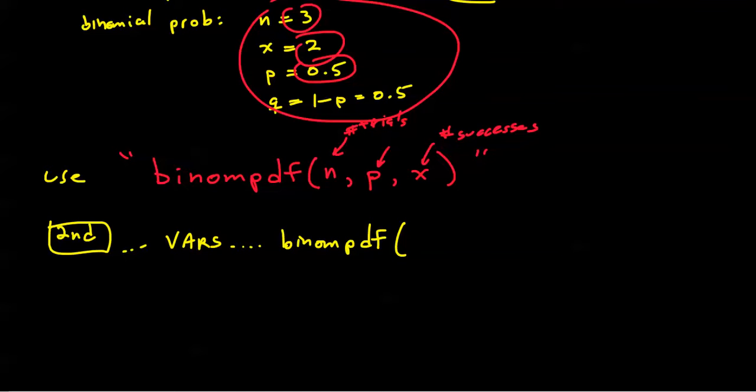Once you're there, you plug in these needed values. Recall for this particular example, n equals 3. We've got 3 trials. The probability of boy is 0.5 in any trial, and I'm looking for 2 successes. Once you call up the command binom PDF, enter in these values and hit enter, and you should get a calculator return of 0.375, which of course equals 3/8, which we know is the correct answer.